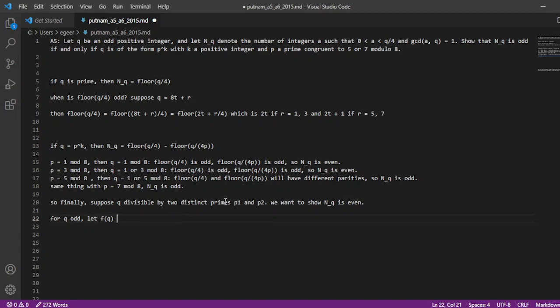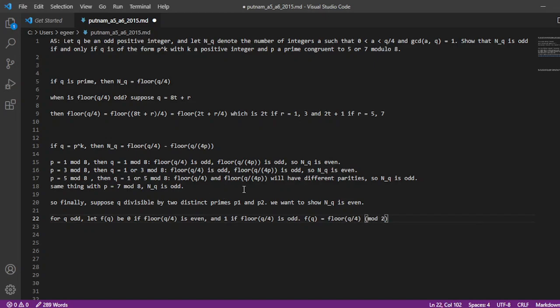So let F(Q) be 0 if floor Q over 4 is even, and 1 if floor Q over 4 is odd. Right, so basically F(Q) equals floor Q over 4 modulo 2.